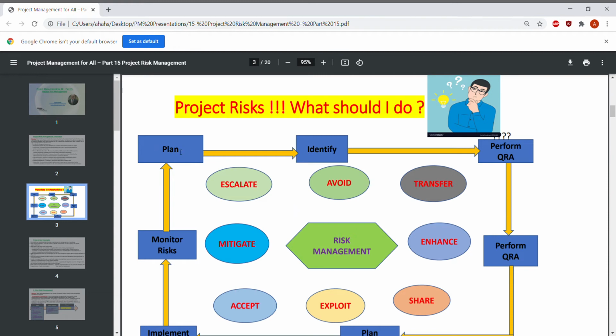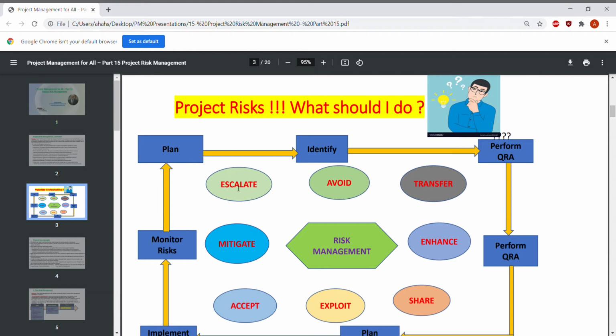So we plan for the project risk management, then we identify the risks, then we perform the qualitative risk analysis, and then perform the quantitative risk analysis, then plan the responses, then implement the responses, and then monitor the risks.